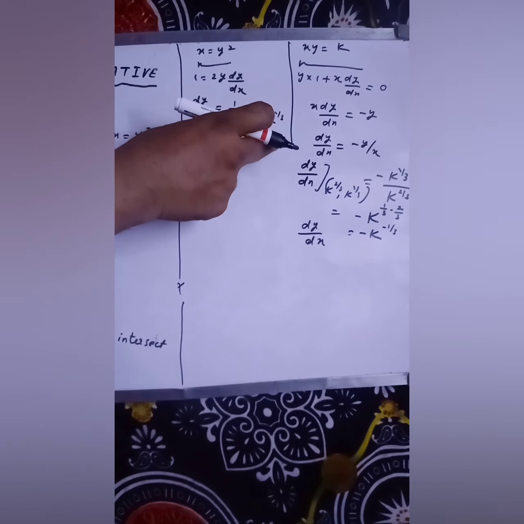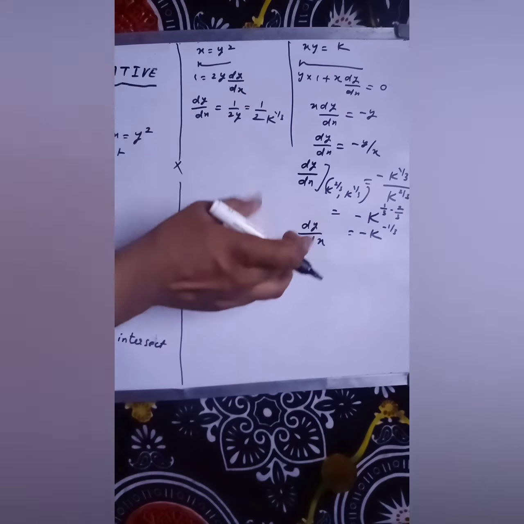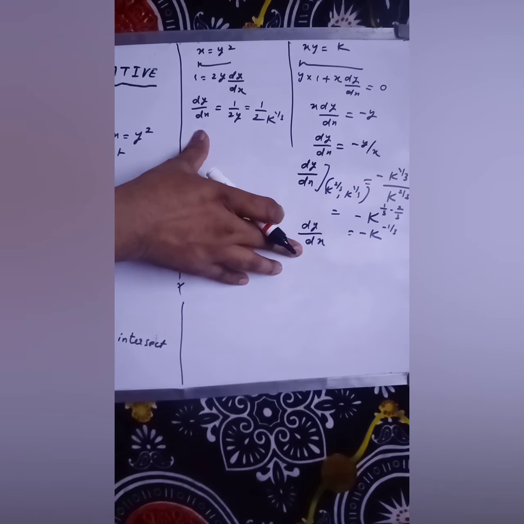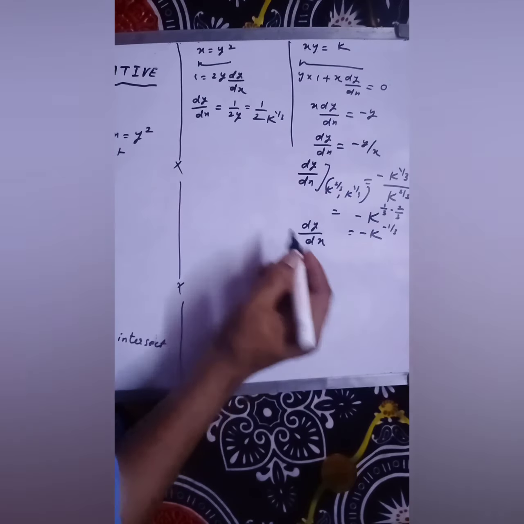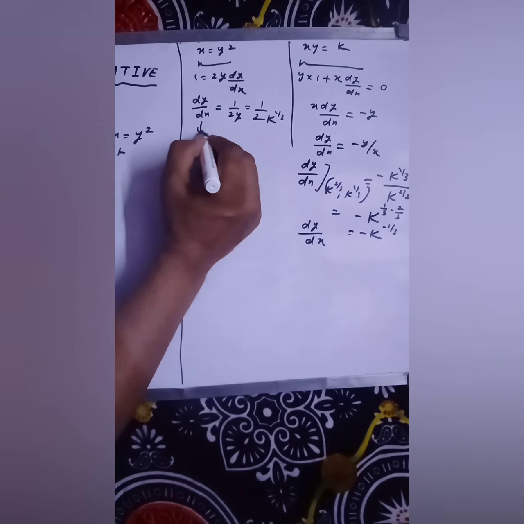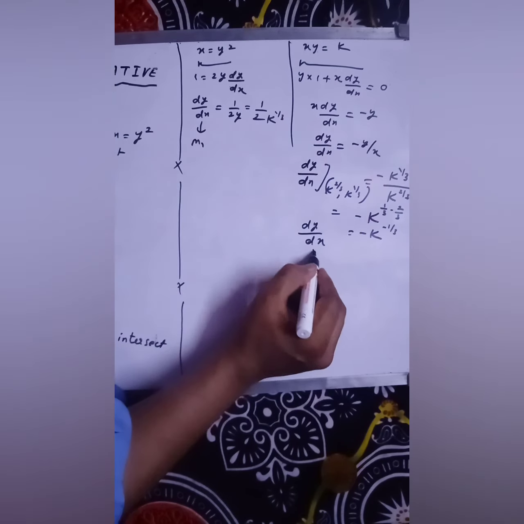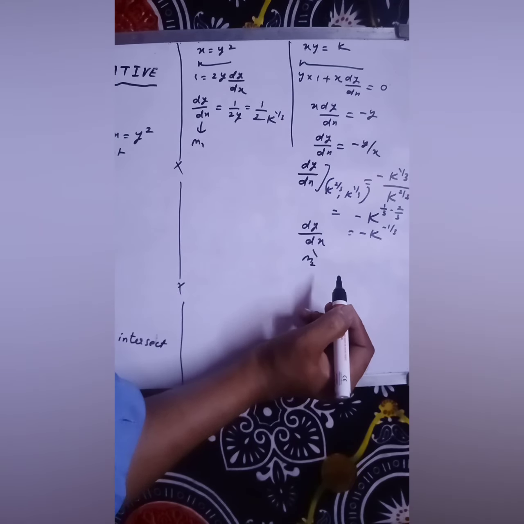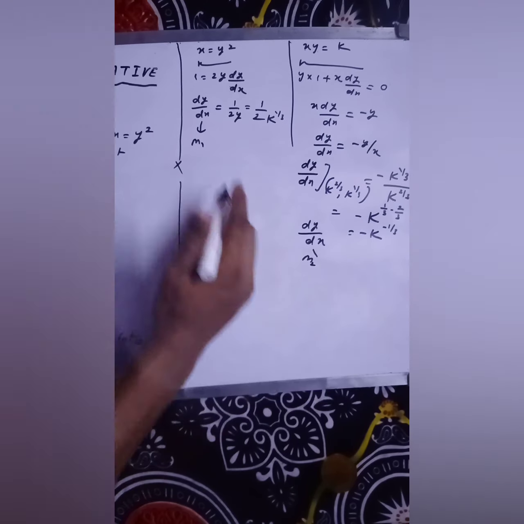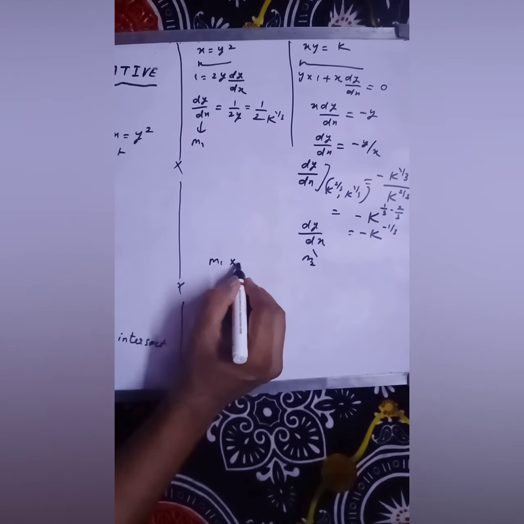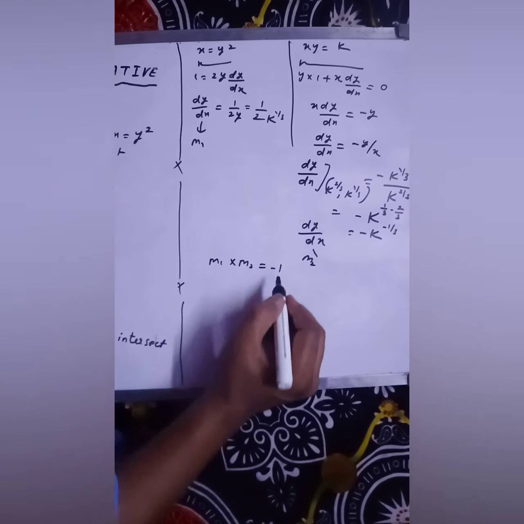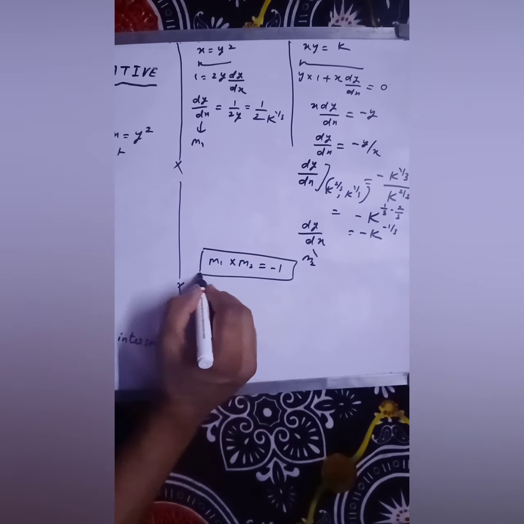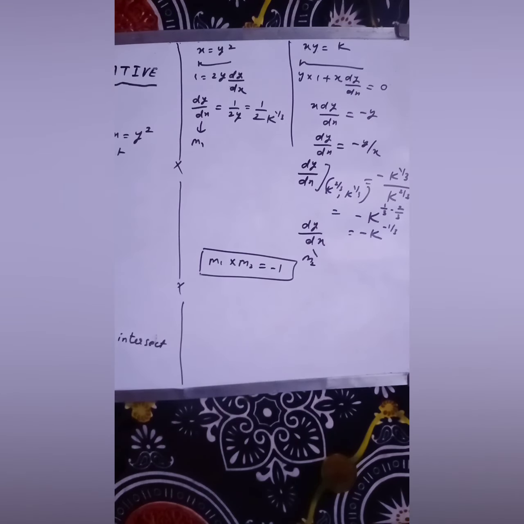As you know, if these two curves intersect at right angle, then the product, see, we are assuming that this is your m1 and this is your m2. Okay, so if they are perpendicular, the product of these two must be minus 1. This is a condition. Fine.